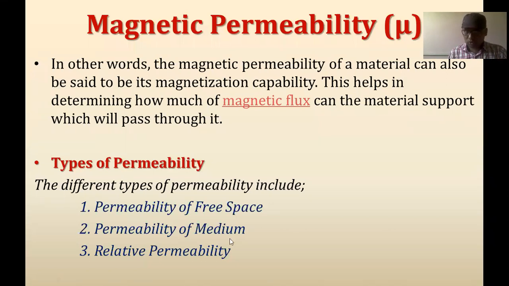What are these two things? Number one, the magnetic flux density, B. Let me write it down here. The magnetic permeability gives the relationship between the flux density B and the magnetic field strength H.